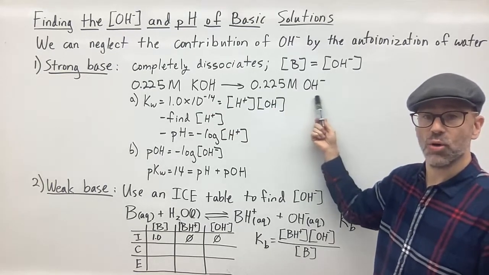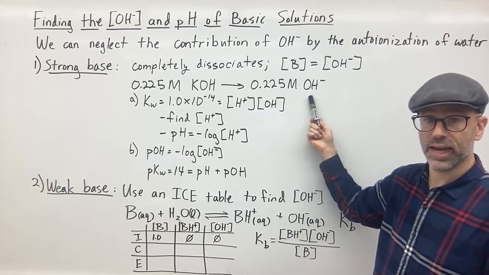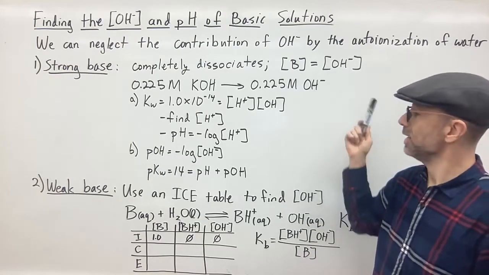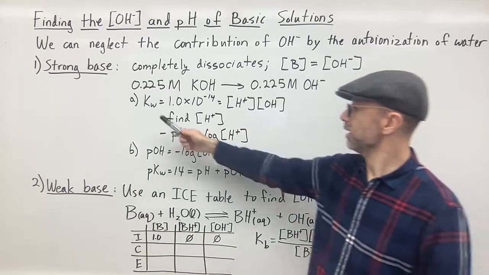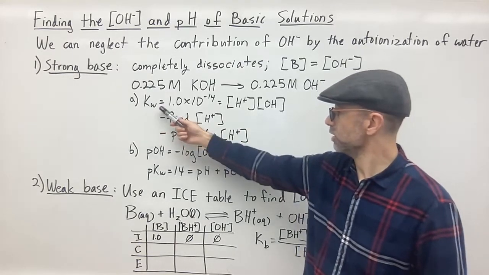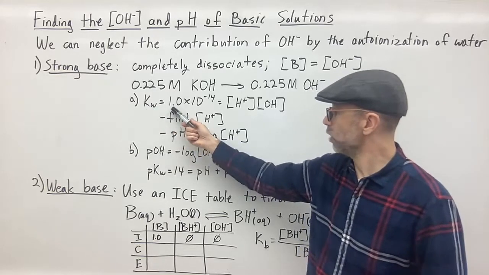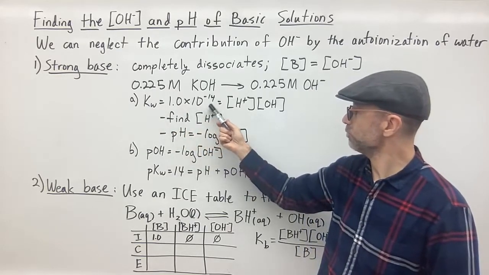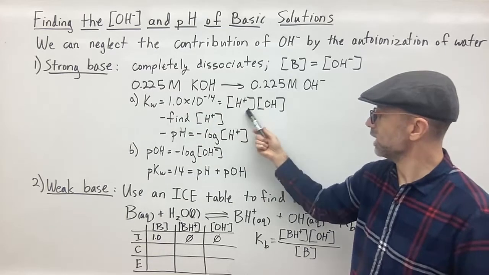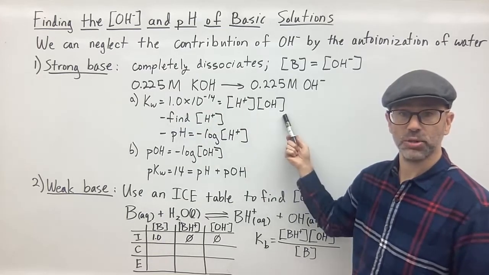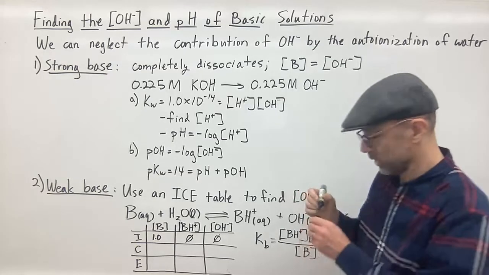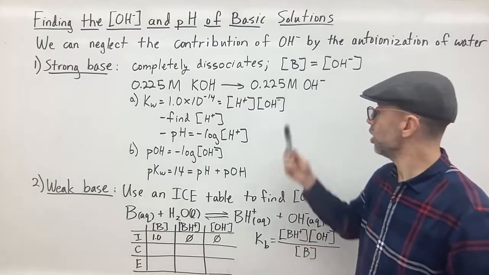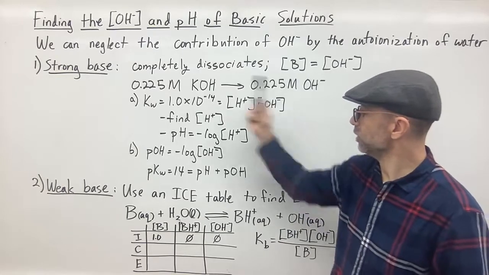Once I know the concentration of OH minus, I have two ways of solving this problem. One way is I can take the equation that Kw, 1.0 times 10 to the negative 14, is equal to the H plus concentration multiplied by the OH minus concentration. I forgot my minus there. So these two multiplied together equals this.